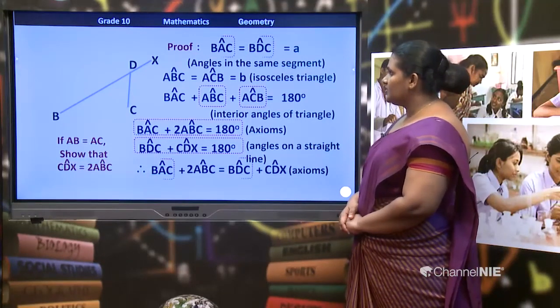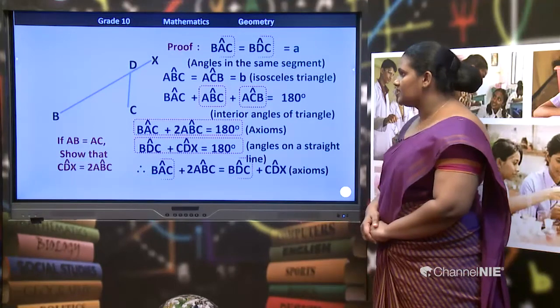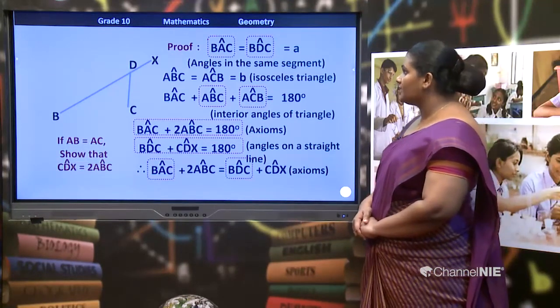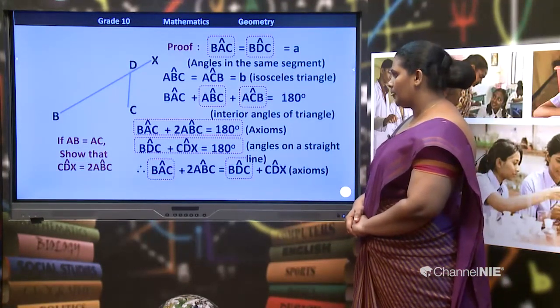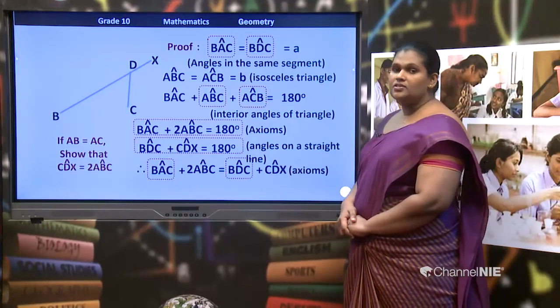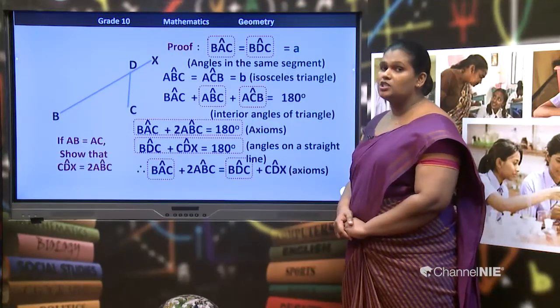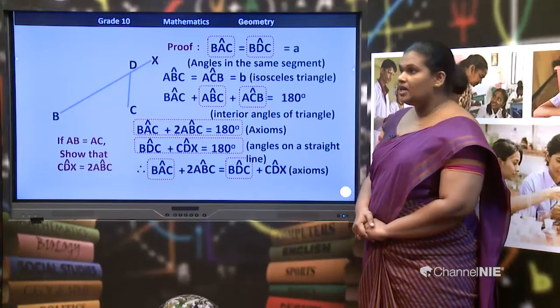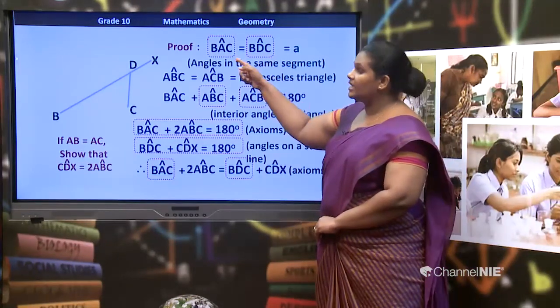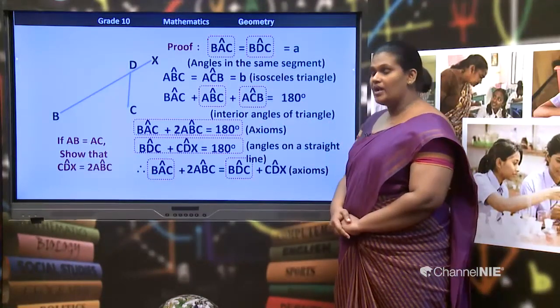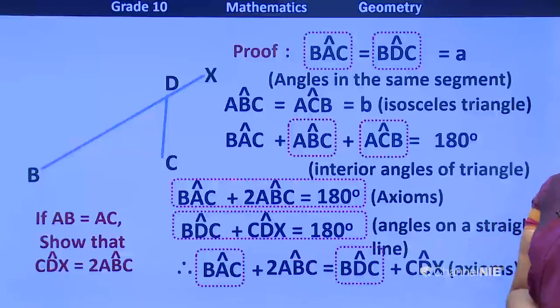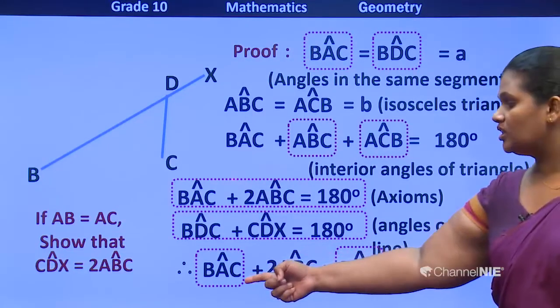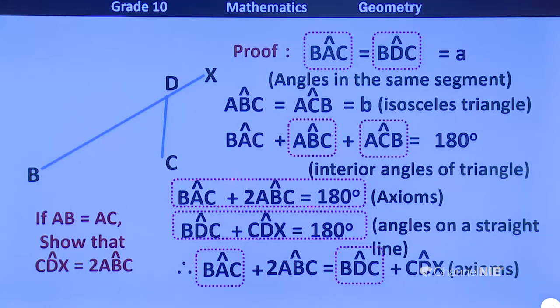Since angle BAC is equal to angle BDC, I can subtract these from both sides. Since these two angles are equal in magnitude, when I subtract them from both sides, both the values get omitted.